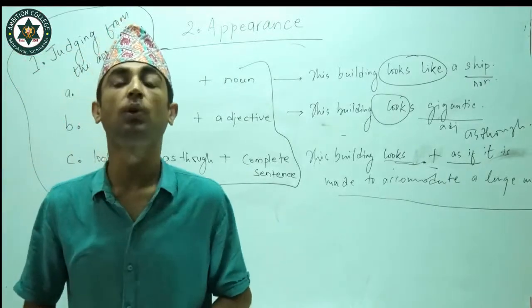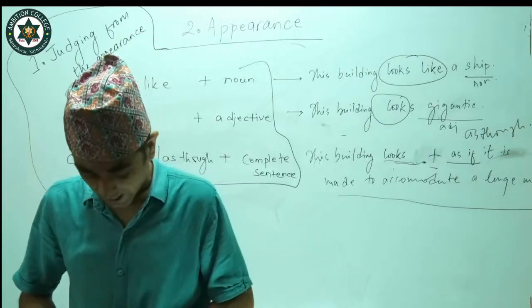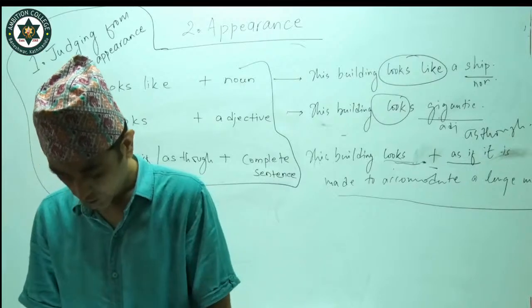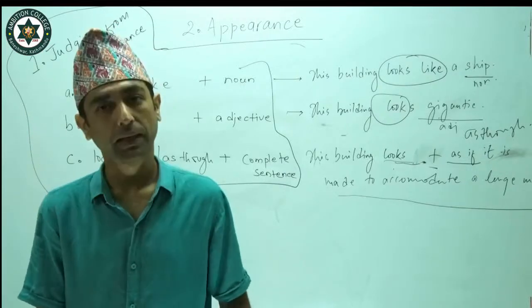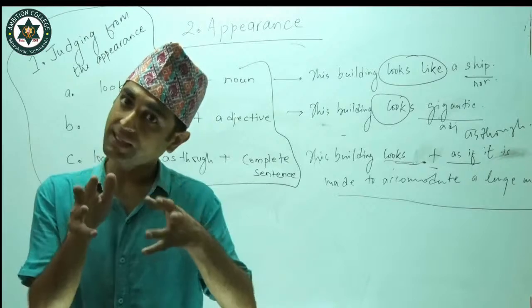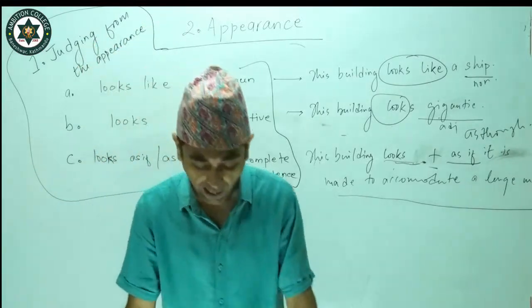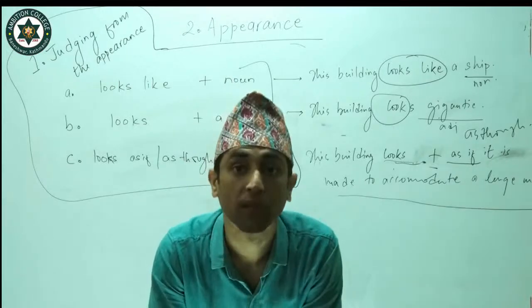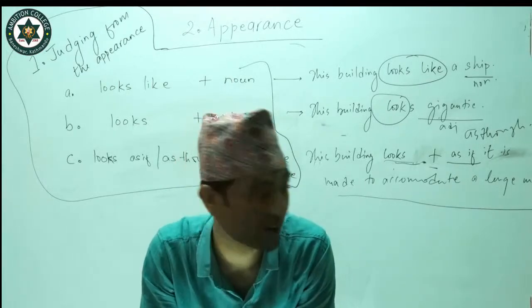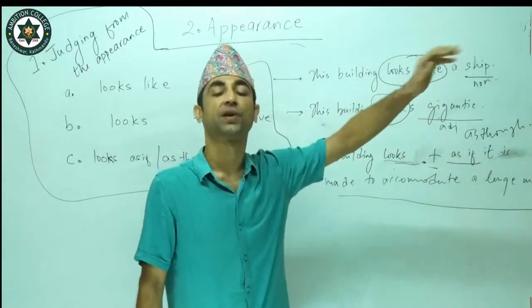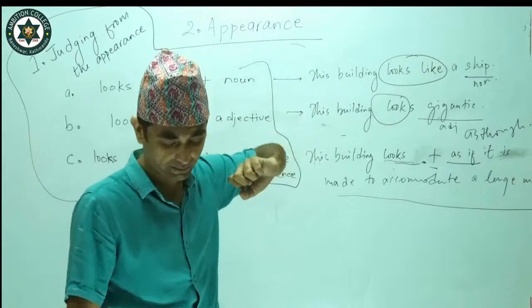In your book, the examples given are: it looks as if it is covered in icing. See, it looks as if plus whole sentence. It is covered in icing. It looks really strange. This is the quality, right?